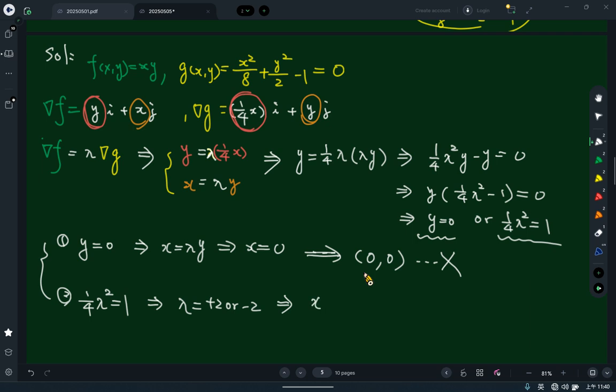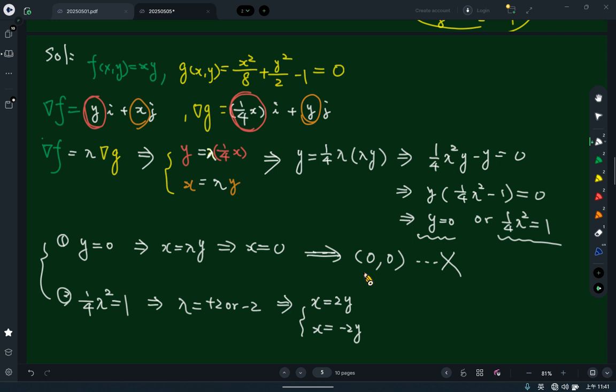So we can get s is equal to 2y, or s is equal to negative 2y, right? Because of this one, s can be 2y or negative 2y.